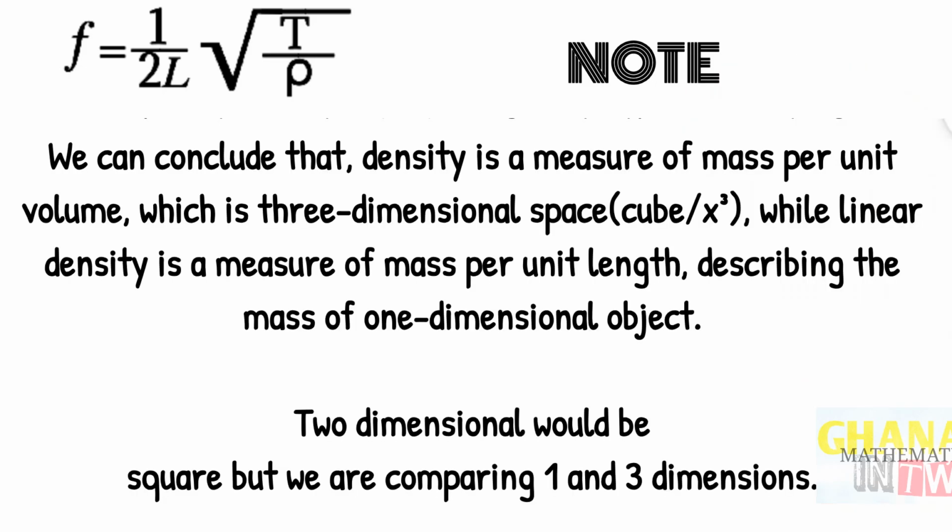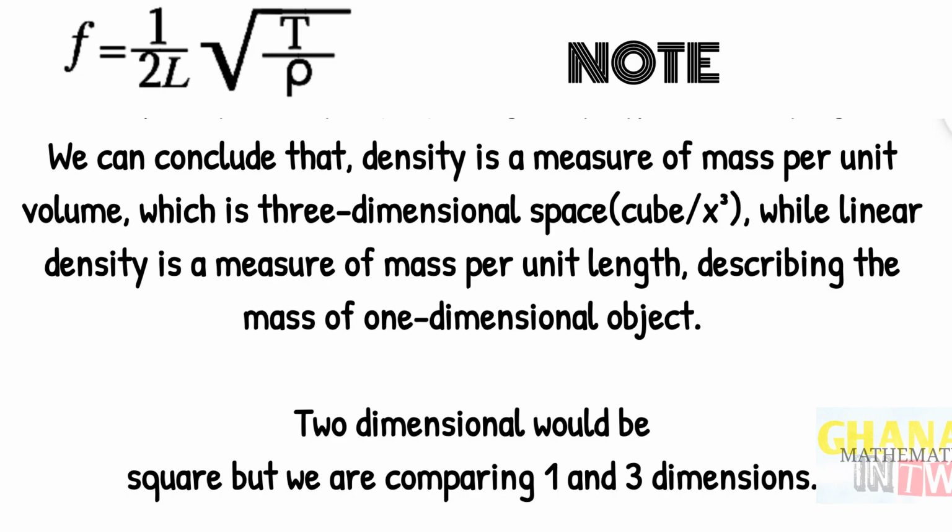Note, we can conclude that density is a measure of mass per unit volume, which is 3-dimensional space, cube, or let's say s raised to the power 3, while linear density is a measure of mass per unit length, describing the mass of one-dimensional objects. 2-dimensional would be square, but we are comparing 1 and 3 dimensions, so 1 dimension will be s, or s raised to the power 1, and any number raised to the power 1 is the same number.